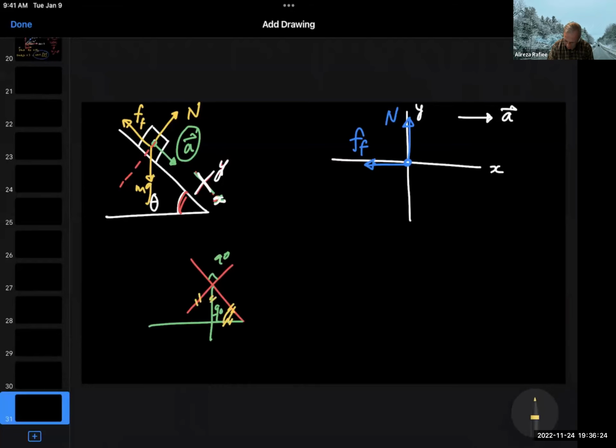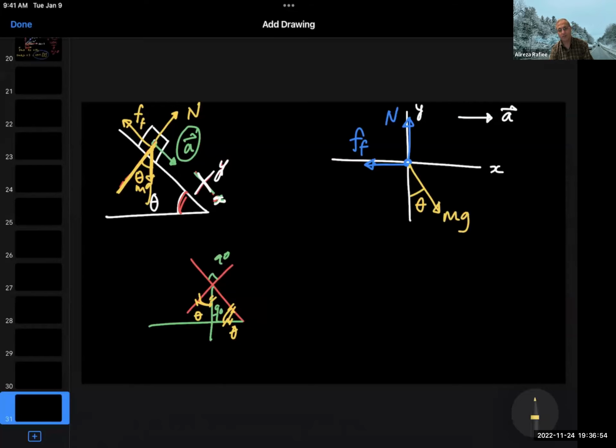So if this angle is theta, then this angle should be theta. Good? Okay, so that means this one is theta. Now, if I rotate it, this is the vertical, and the angle between mg and the vertical is theta. And so that would be my free body diagram.